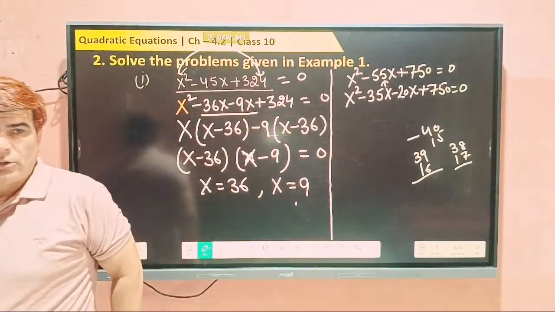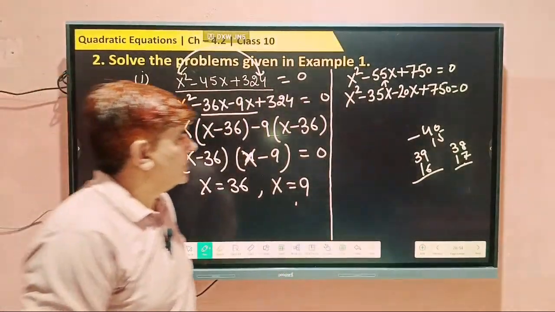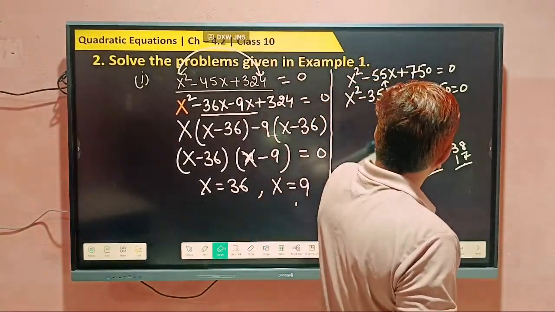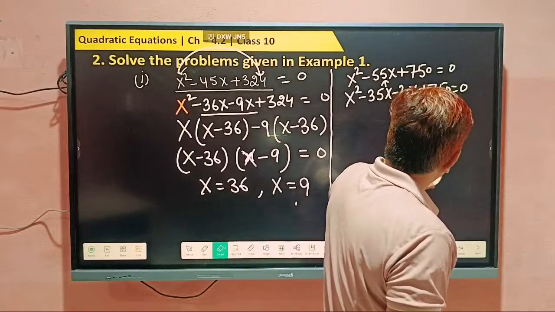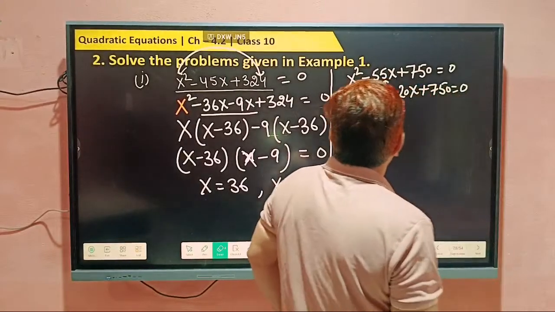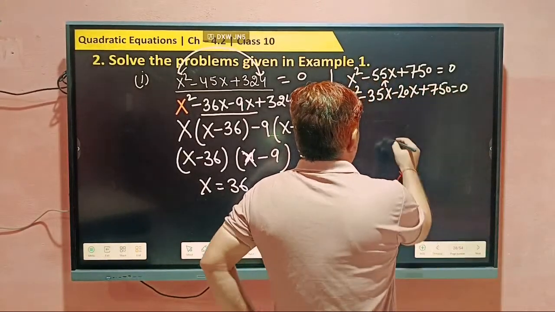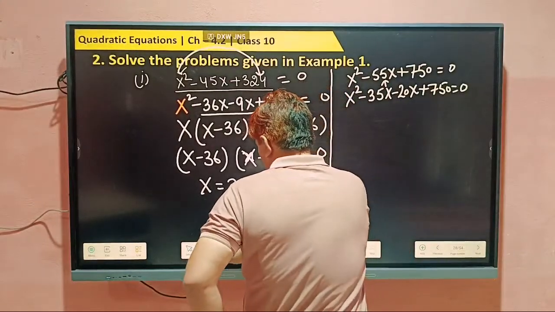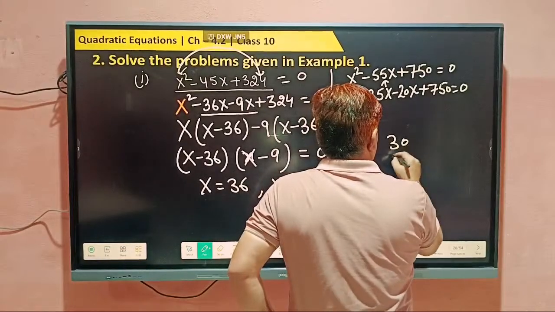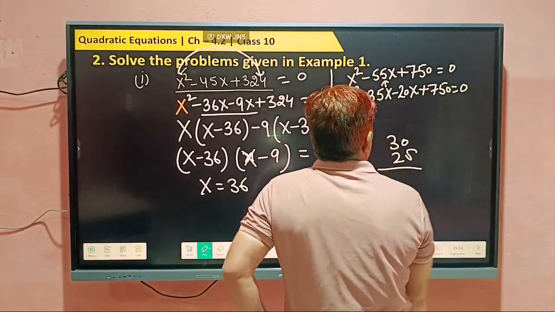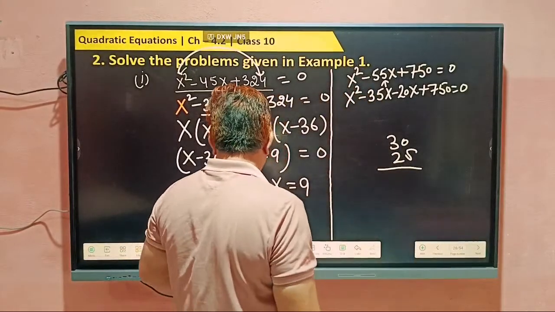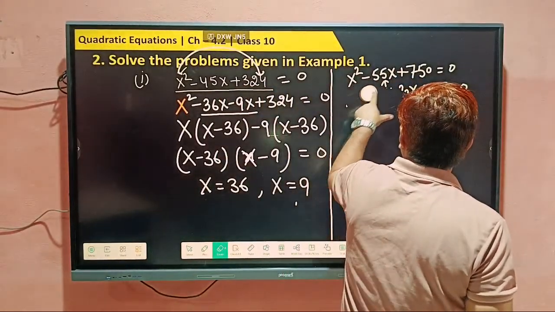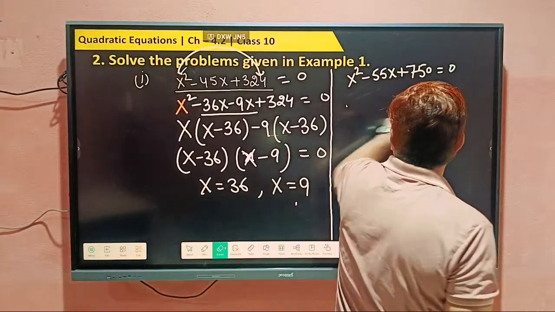According to you, you can check it. So how can we check it? So what are its factors? So 30 and 25. Again I can write it if you did not understand. So what's coming here? First step is right, but second is not right.